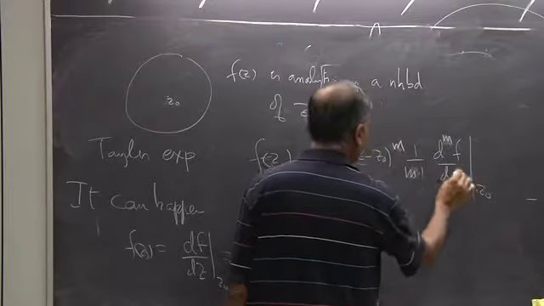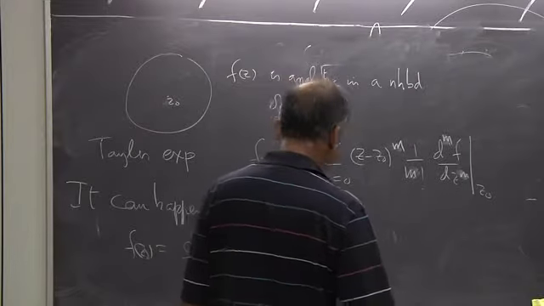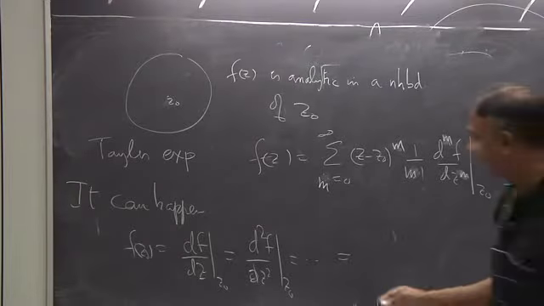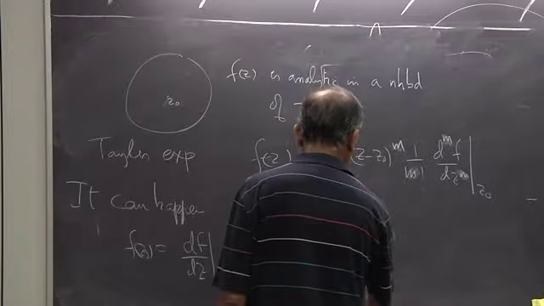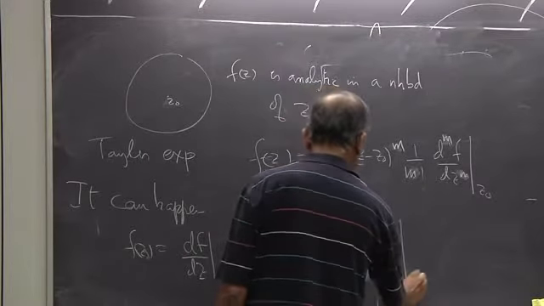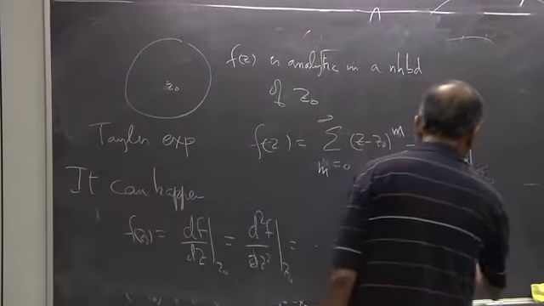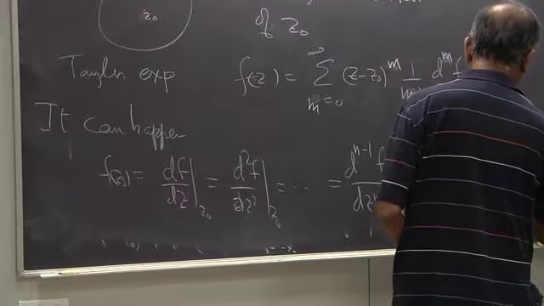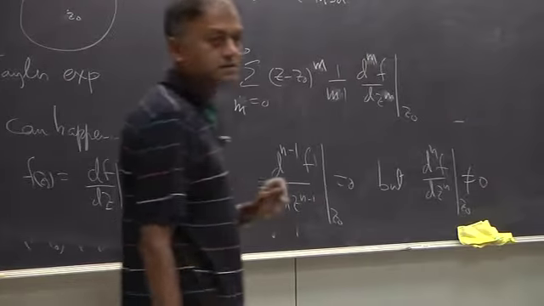Let's suppose the first n minus 1 derivatives vanish at z0, they are all 0, but the next one does not vanish, it is not equal to 0. Suppose that this is the case.